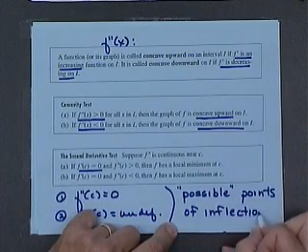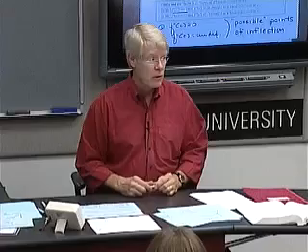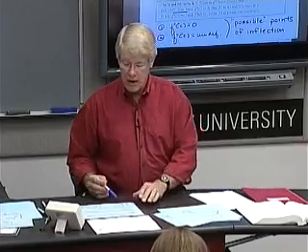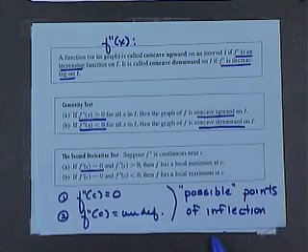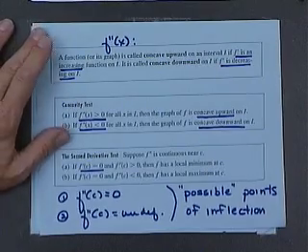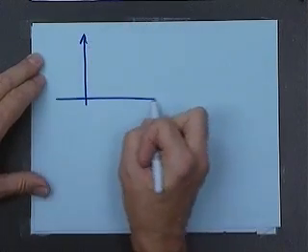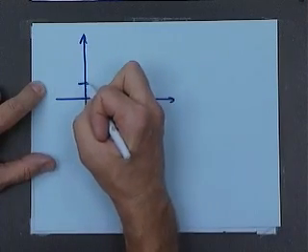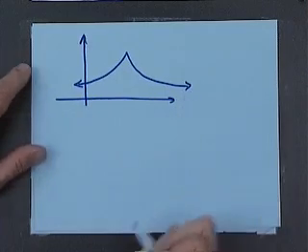What will actually determine if they are, in fact, points of inflection? It's got to change concavity there. So we can have a possible point of inflection where, in fact, it does not change concavity, and it is not a point of inflection. Let me give you a quick picture of how that might happen. We do all our first and second derivative stuff, and we come up with a graph that looks something like this.